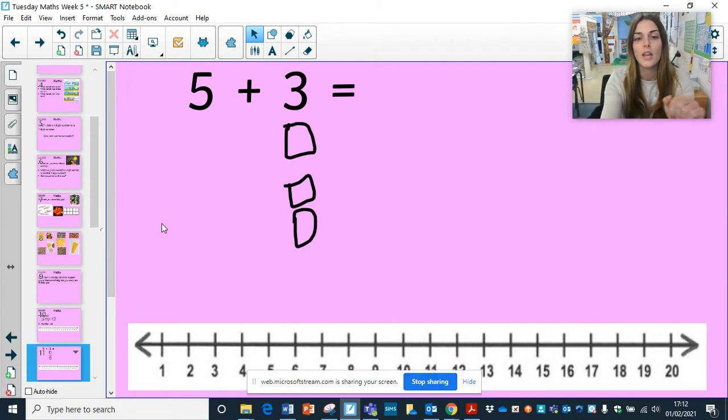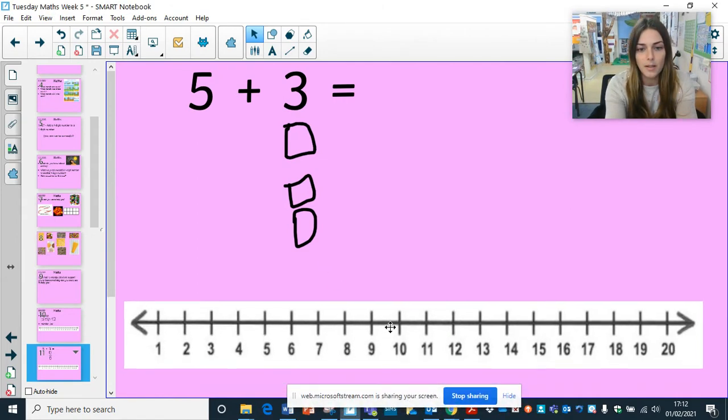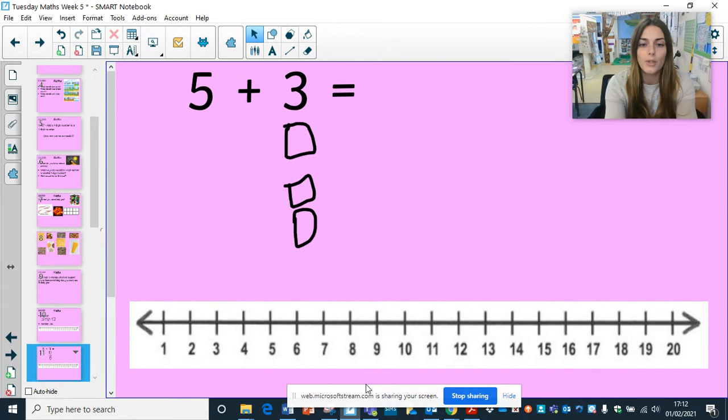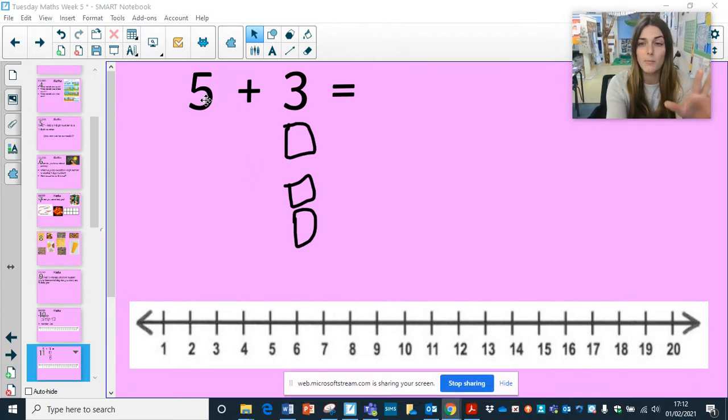If you want to use a number line, which is another brilliant way, I'm just going to move that up a little bit. What you can do is find the biggest number out of the two. So which number is bigger out of 5 and 3? Hopefully you said 5, because we've discussed comparing numbers. You will find your number 5 on the number line, and then you would add 3.